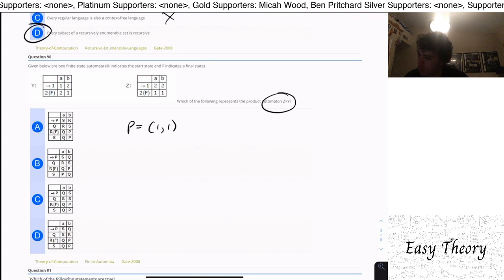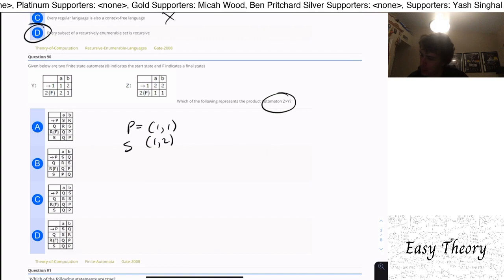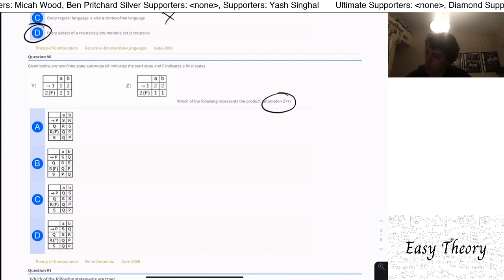Then 1, 2 will be S. Maybe this is the wrong way to approach it.